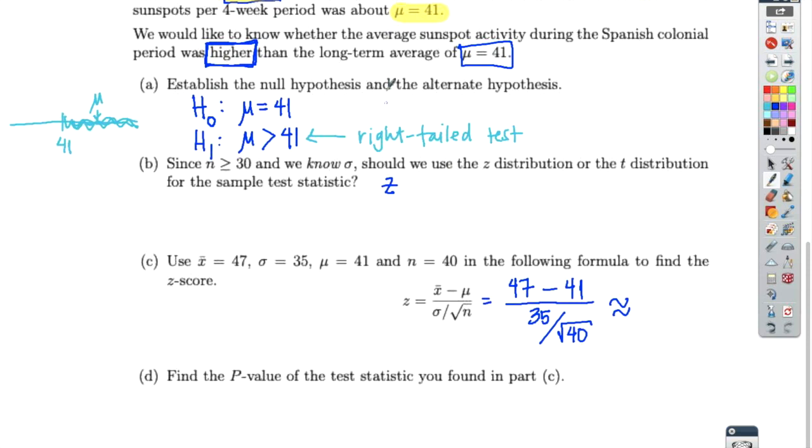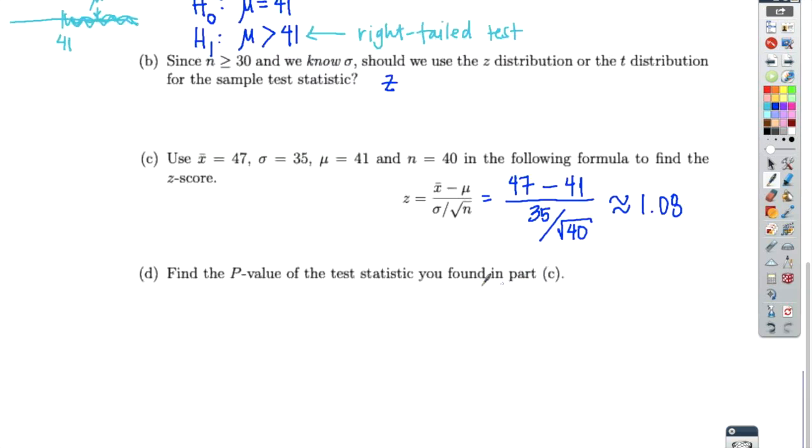I found a z-score of 1.08 in my calculator, and now when I go to the z-table, the p-value that's associated with a z-score of 1.08 is 0.8599.